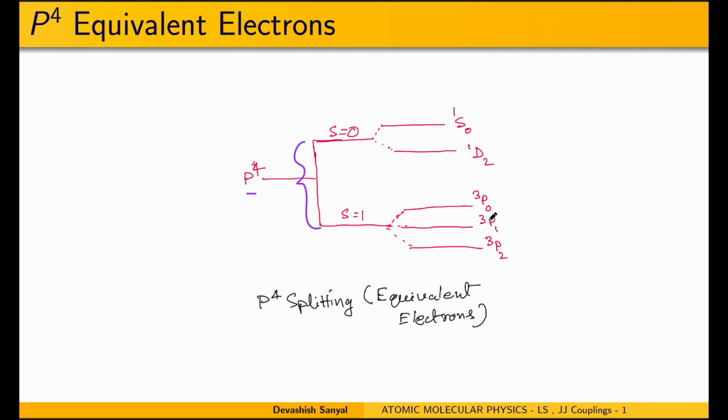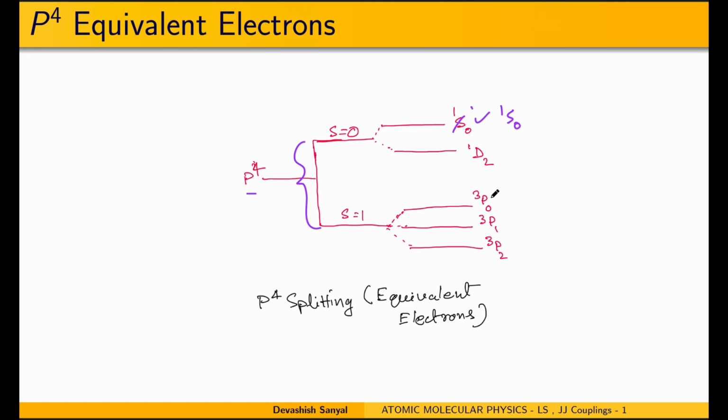So this is 1S0 and this is 1D2. This is the interaction between the orbital angular momentum.